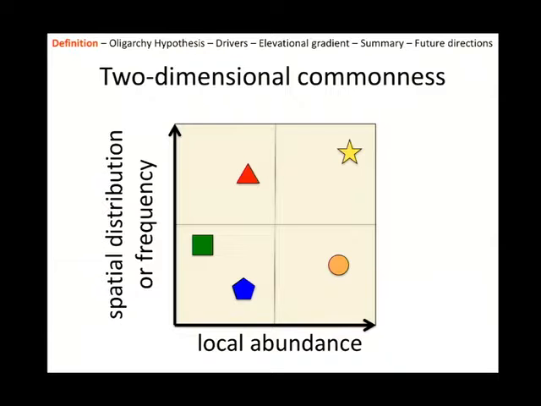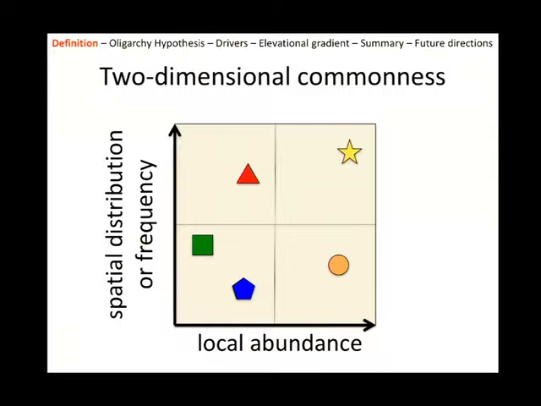Here we can distinguish species which are locally abundant but not very frequent, this is the frequency or spatial distribution, from species that are frequent, so they are common in one sense, but not very common in the other sense. And there are common species which are both frequent, they occur in many sites, and they are abundant in most of these sites. This is what I'm going to call common from now on.